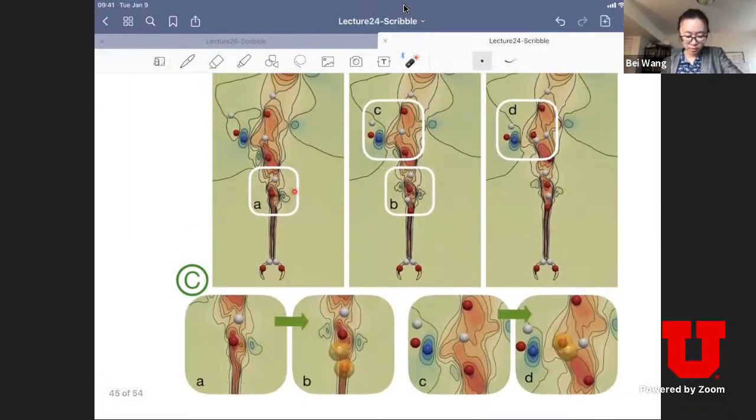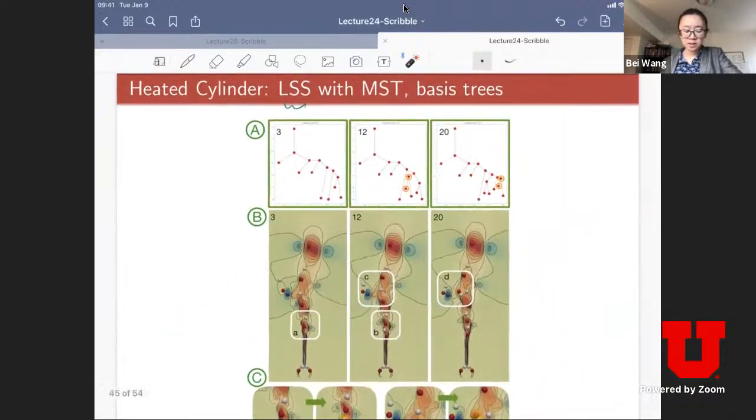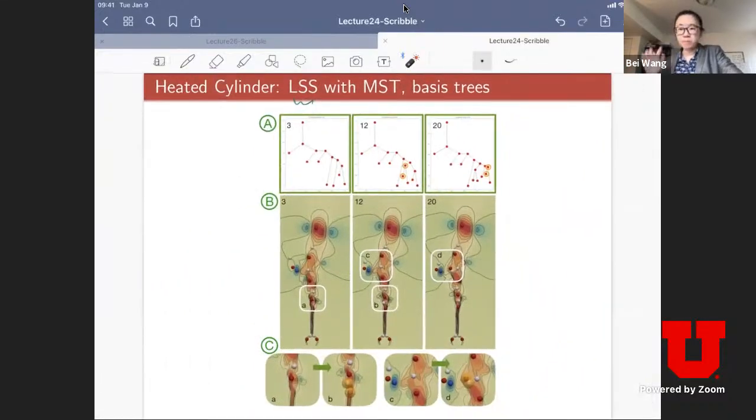That is this region of the domain to this region of the domain, corresponding to a pair of critical points showing up in my merge tree. And from here to here, region C versus region D, again there is a pair of critical points showing up. So this is an indication that, first of all, my 3 bases is my optimal number of bases, and those 3 basis trees are good representatives of the underlying topology, okay?